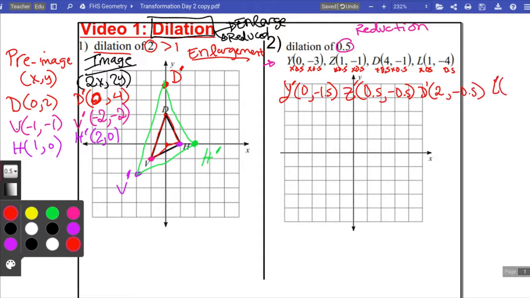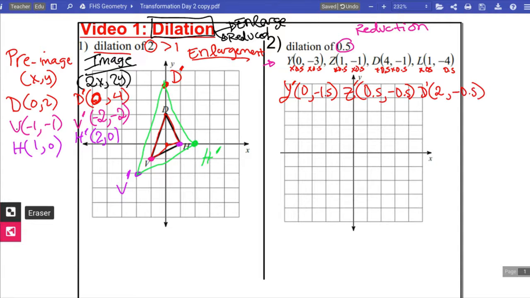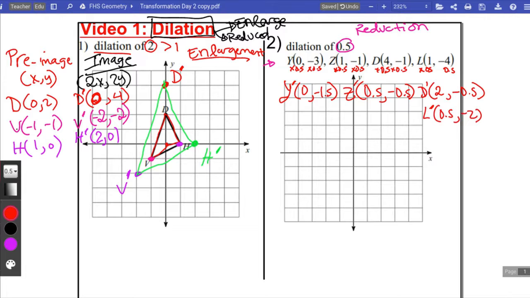L prime. I'm going to put it right here because we're running out of room. L prime right here. 1 times 0.5, you get 0.5. And -4 times 0.5, you get -2. All right, let's graph this.